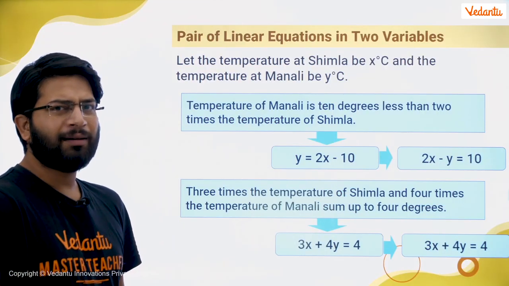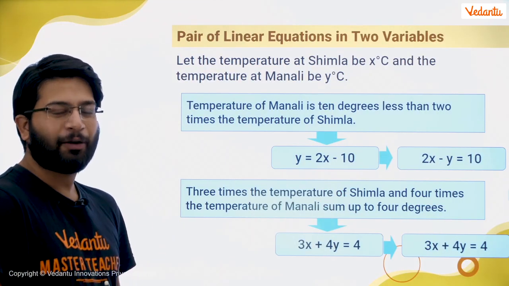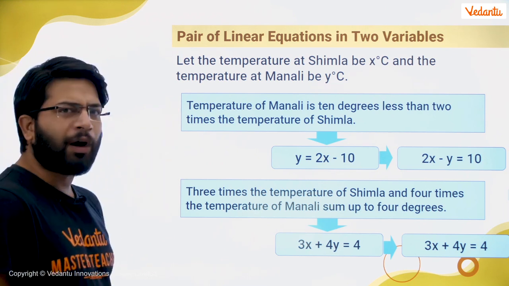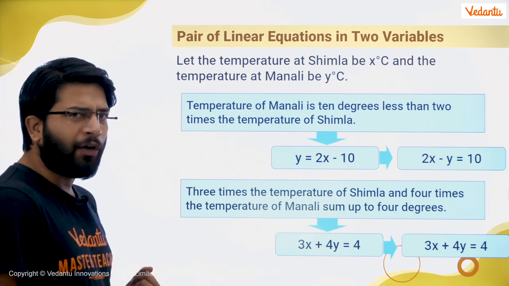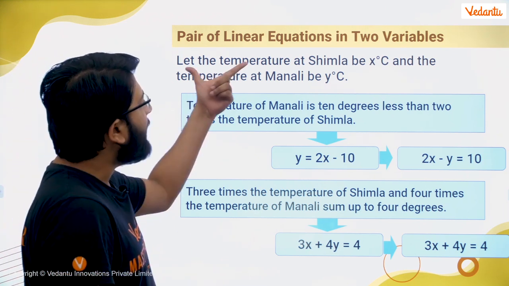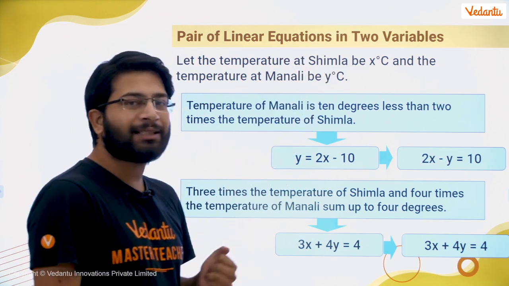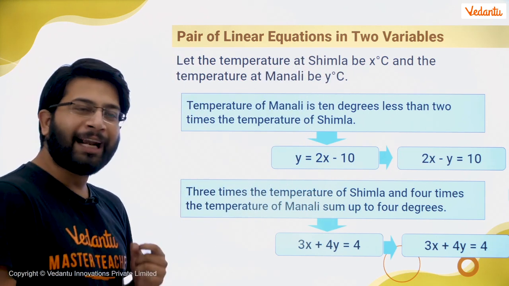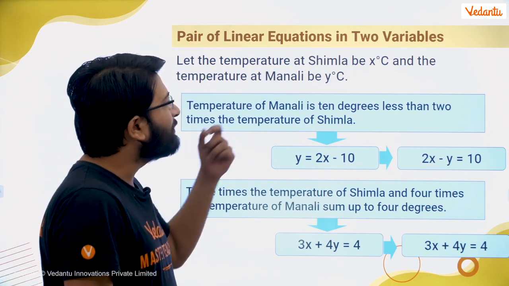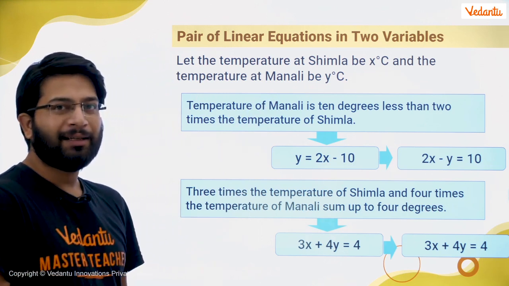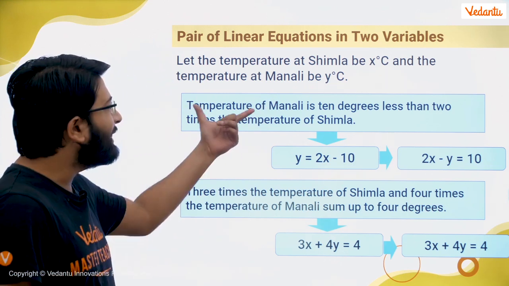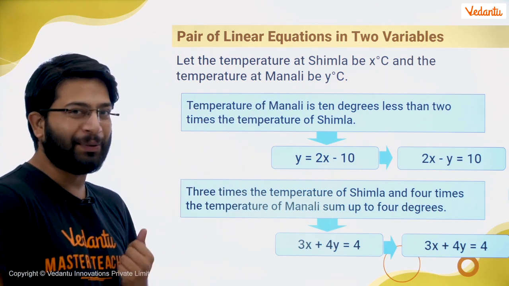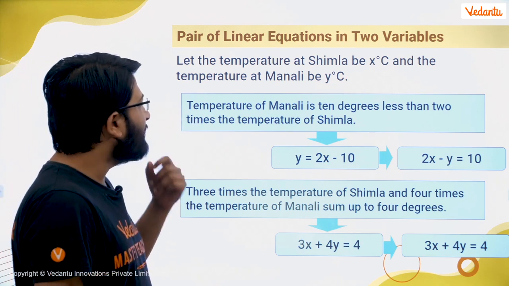First of all, the problem which we had. Let's see the two pieces of information one by one. But first, let's assume the temperature of Simla is x degrees Celsius, whereas the temperature at Manali is y degrees Celsius. Now let's write this information in the form of equations.